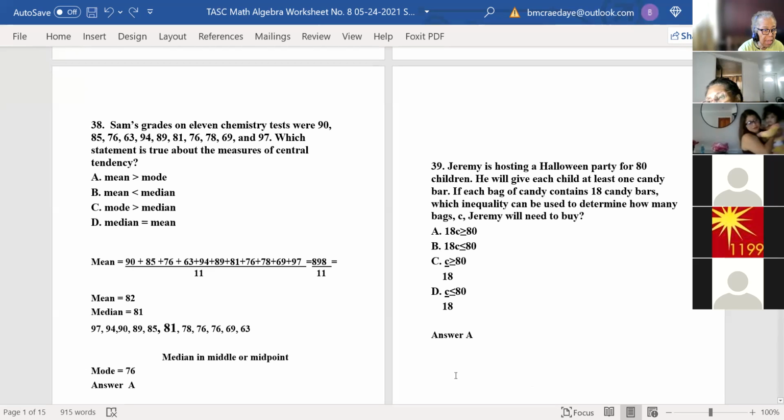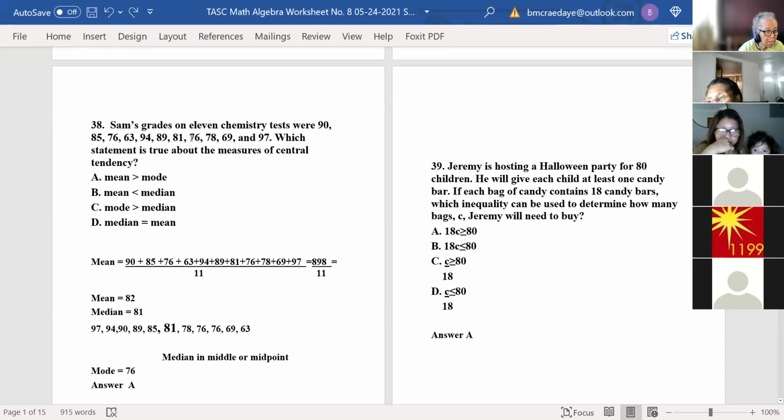Now, when you compare these, the mean is greater than the mode. But I think I put the wrong answer there. Well, the mean is greater than the mode. It's 82 versus the mode, which is what? 76.